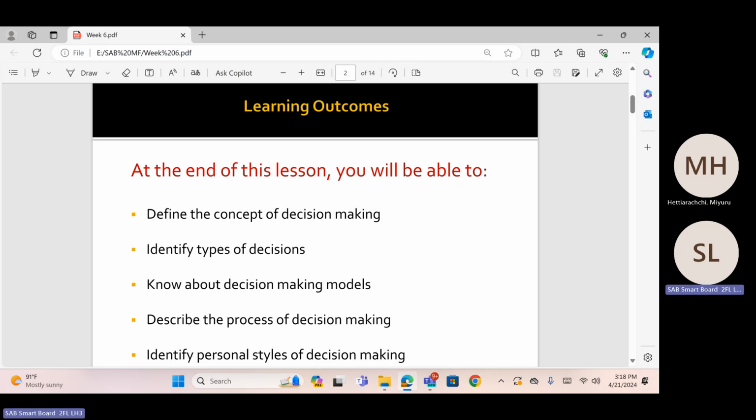Choice. Decision is a choice. Option. An option. Or an alternative.